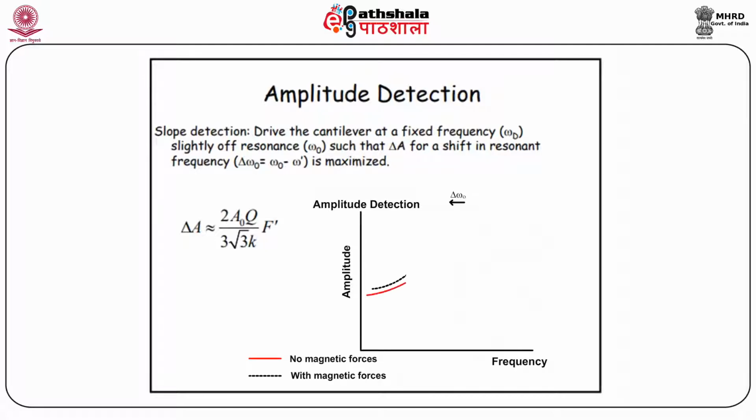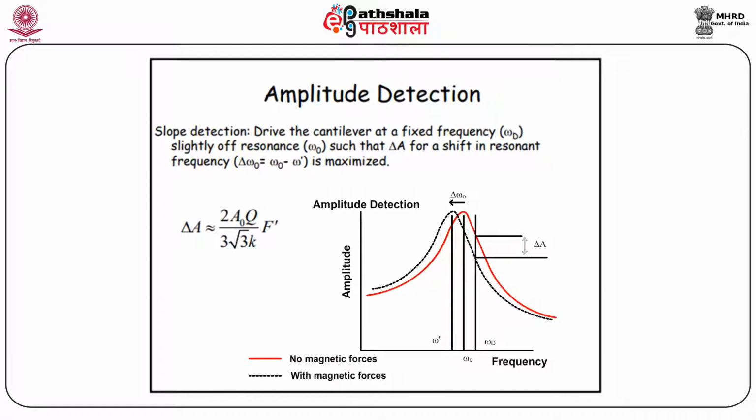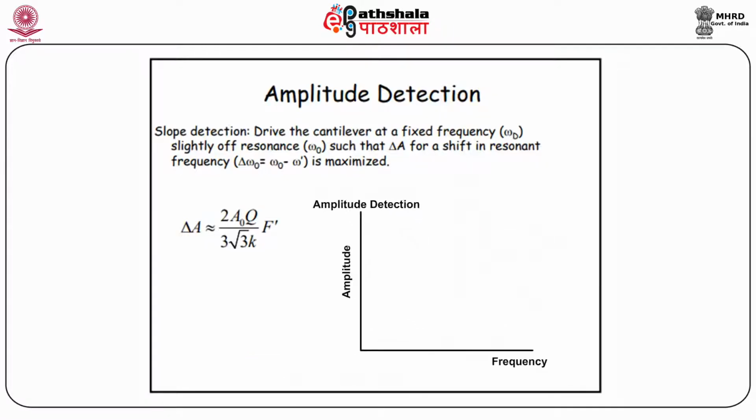Again, a diagram has been given, which is frequency versus amplitude, and it detects the amplitude at different values of frequencies. Again, the red line here indicates that no magnetic forces are applied, and the dotted line indicates the presence of magnetic forces.